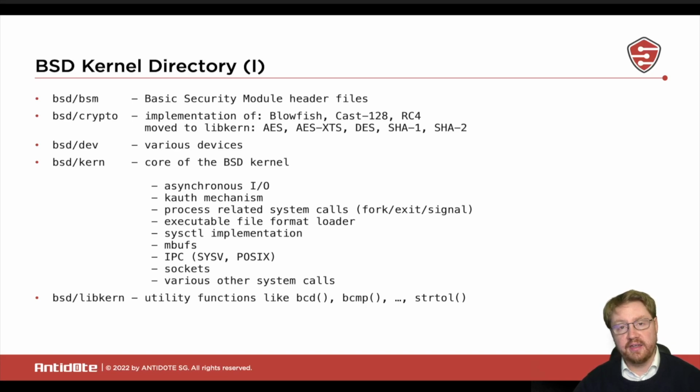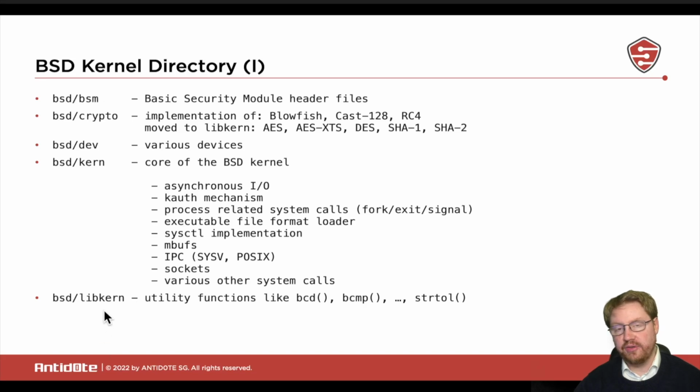You have signaling in there, you have the KAuth authentication framework, and the sysctl implementation for variables that can be read from userland or modified from userland, and a bunch of stuff.